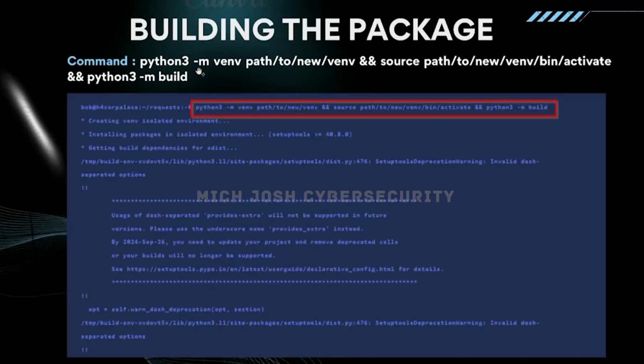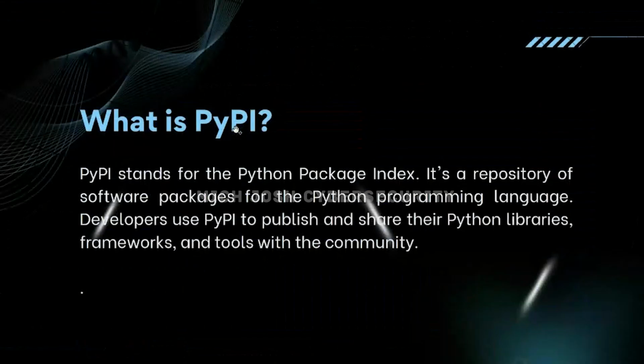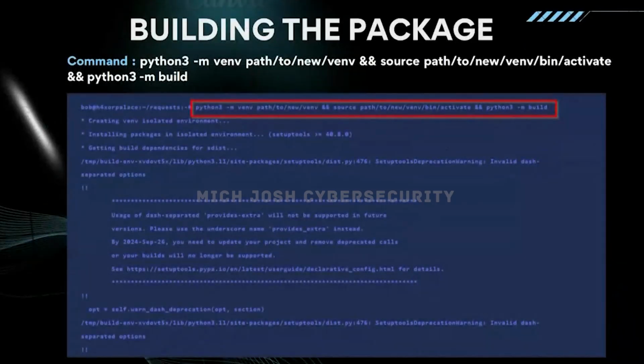How am I building it? With python3 -m venv, the module I am using, which creates a virtual environment, where the path is the path to the new virtual environment. Then I activate that virtual environment and build the package using that module. Once that is done, this package will get built.